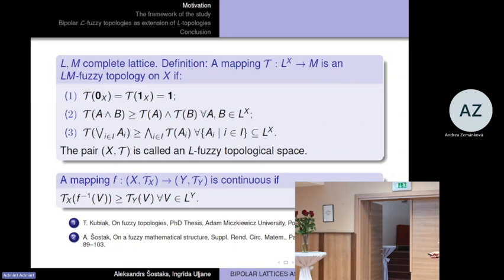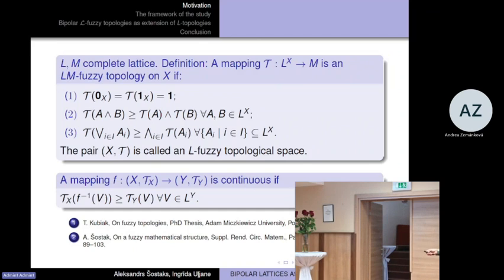Our first idea was to take L here and L here, but it later became clear that it is better to separate these structures, because one is for estimation of fuzzy sets and the other is for evaluation of their property. The definition is practically unchanged, but the examples we have now include, if we take M as 2, the Chang topologies from the previous slide.